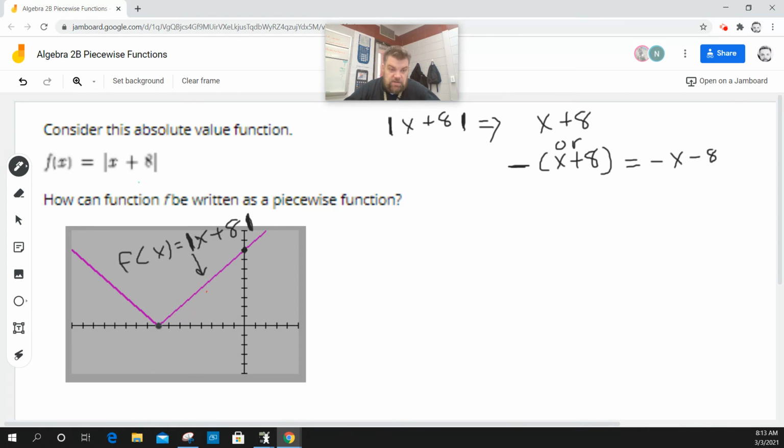And if I look carefully, this point right here is at negative 8, I believe. Let's count. 1, 2, 3, 4, 5, 6, 7, 8. So I think that f of x could be written as, and I'm going to go in order, and then we'll graph it to see.